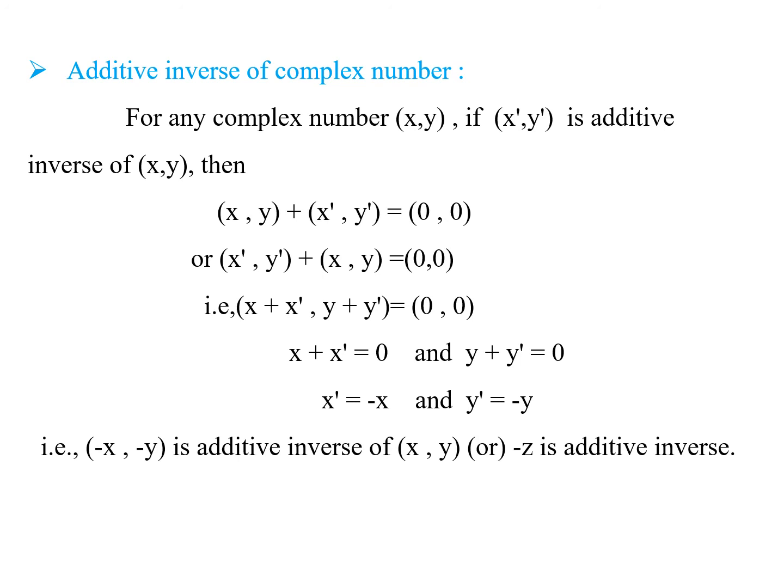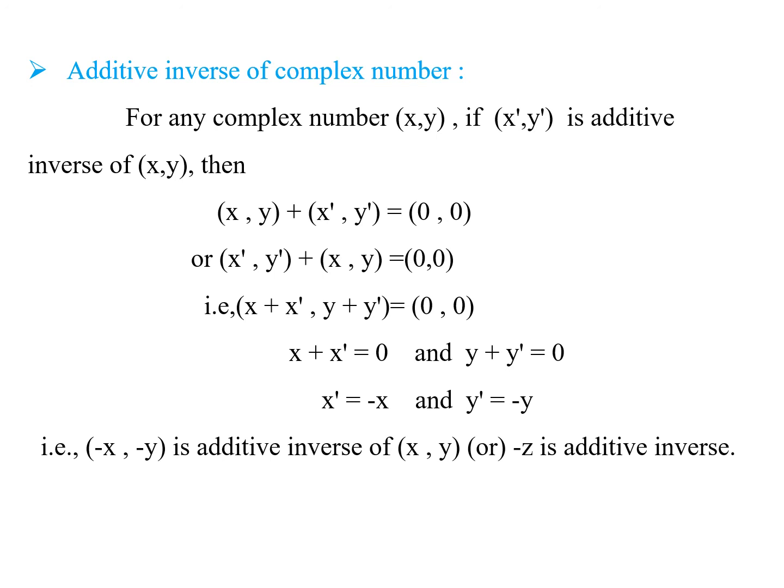So we take the complex number (x, y), and for its additive inverse we choose (x dash, y dash), such that (x dash, y dash) plus (x, y) equals (0, 0).